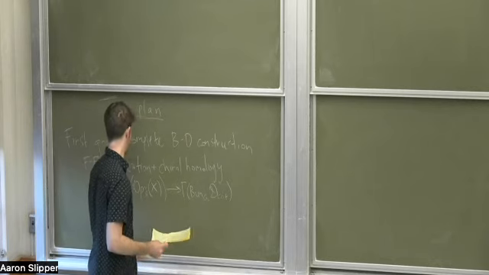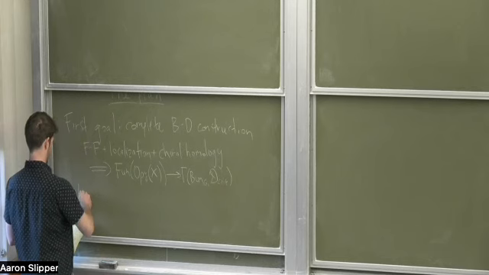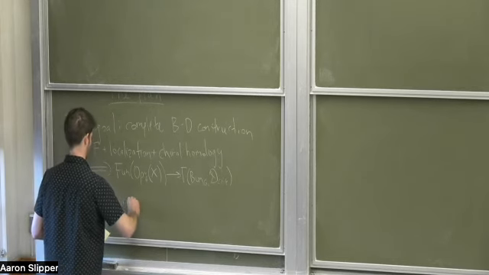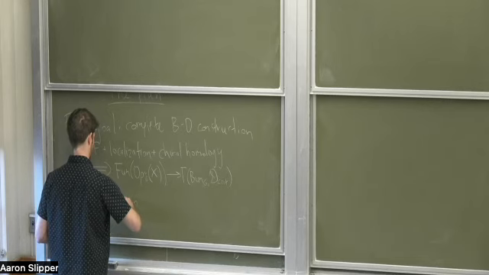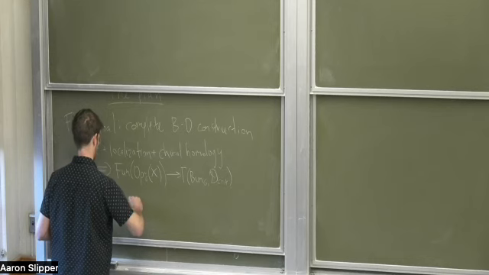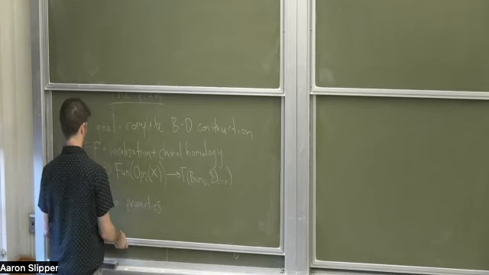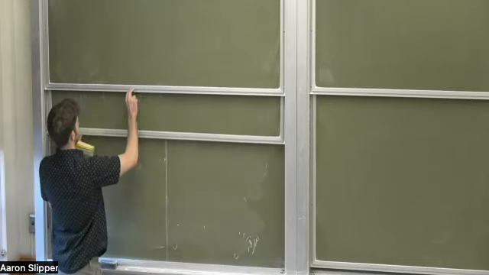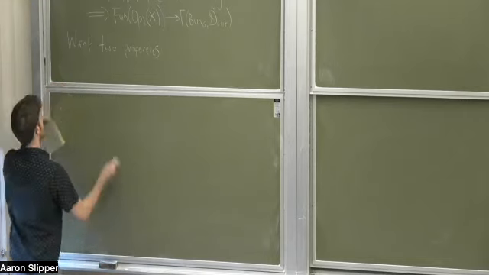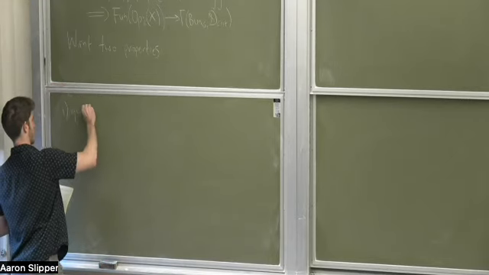It's supposed to have two main properties, features. One is that it quantizes the Hitchin system.